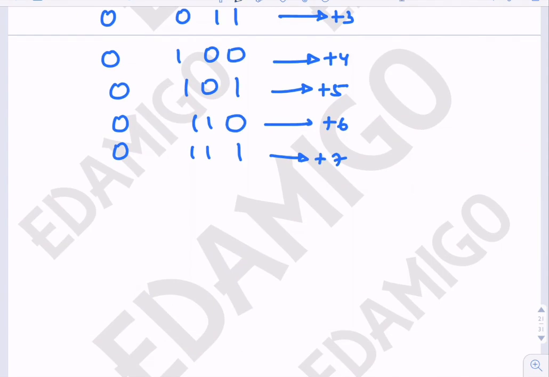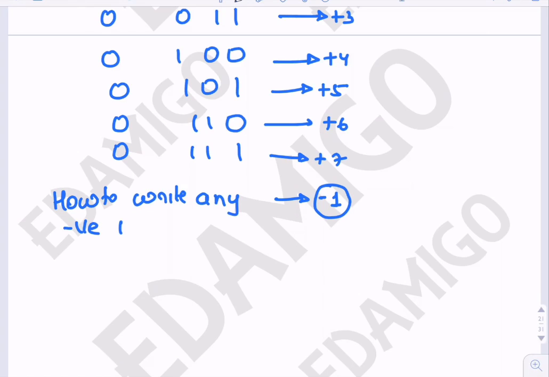But whenever we have to write -1, how do we write any negative number? It's very simple.